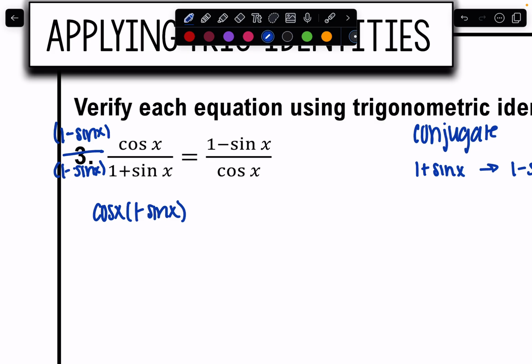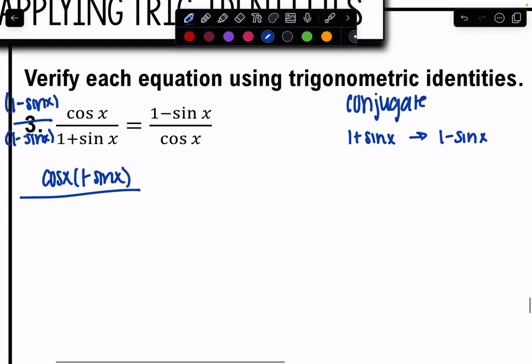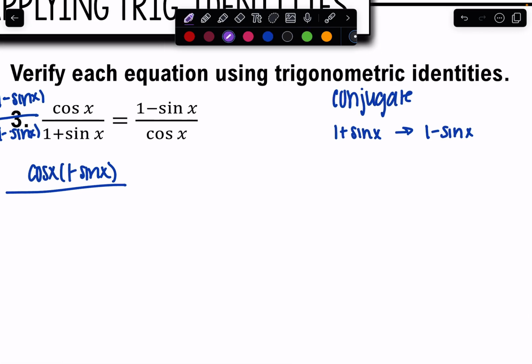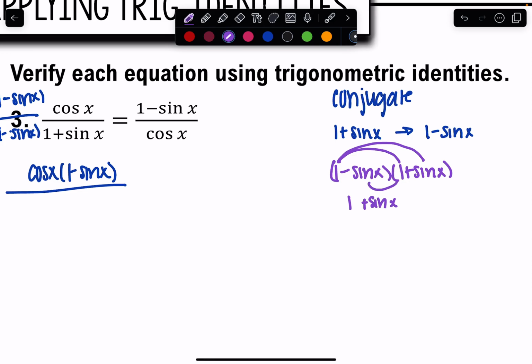Okay? So on the denominator, when I multiply my conjugates, I'll show this work off to the side one time. Then hopefully you don't need to do the work as much. You can just remember that pattern. So remember, look at what this does. I take 1 times 1, which is 1. 1 plus sine x, and then negative sine x times 1, so that's minus sine x, and then minus sine squared x, because I'm taking sine times sine, which is sine squared, positive times a negative is a negative.